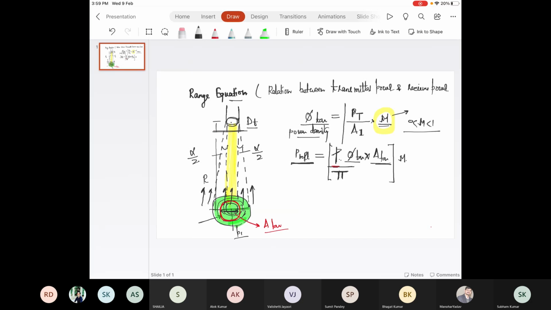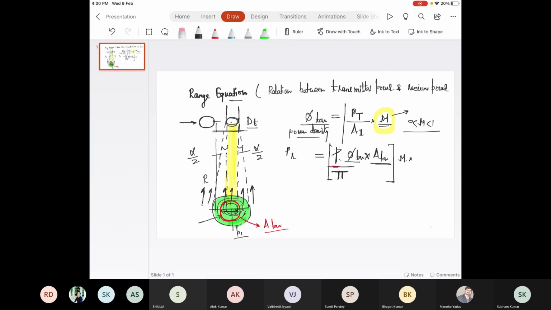So the power received at the receiver is equal to the same term multiplied by m. Now it will be collected at the antenna that is attached with the receiver.